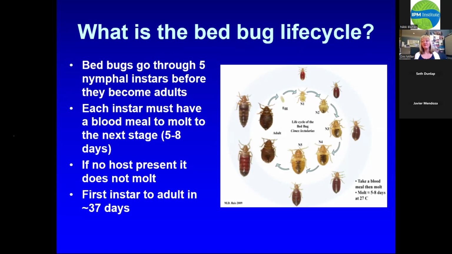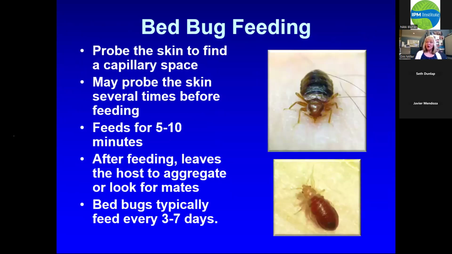And then they have to have another blood meal to molt to the next life stage. Now, if they don't get a blood meal because there's no host or anything there, they don't molt and they stay in the current life stage, okay? But if they have somebody to feed on regularly, from first instar to a reproductive adult takes only about 37 days. Okay, they're feeding.